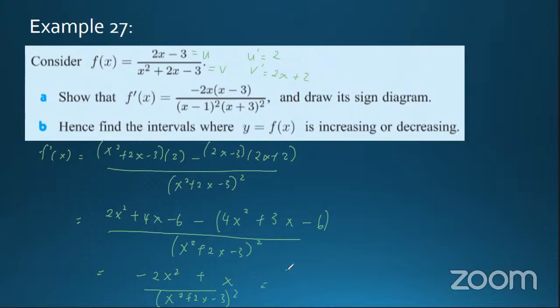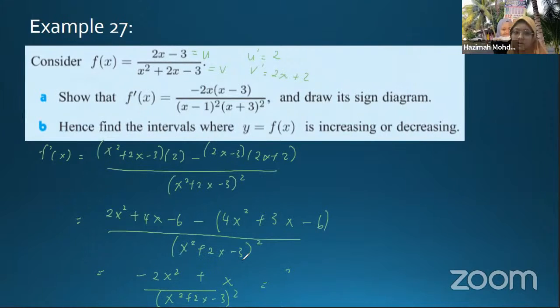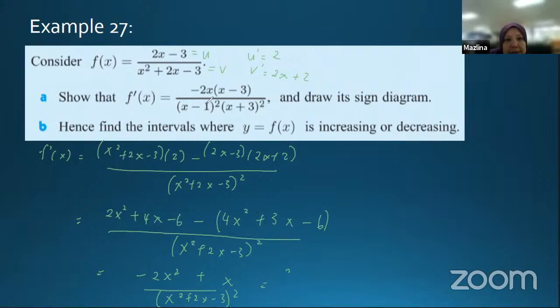This one you can also factorize. If you factorize this, did I make a mistake? This is supposed to be negative 2x squared plus 6x. Where is the plus 6x? This one is supposed to be negative, right?